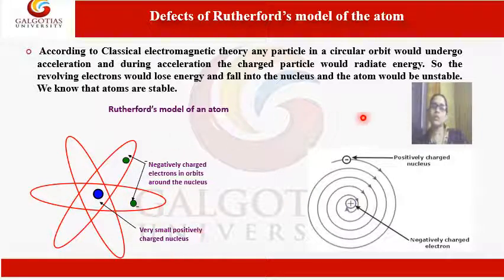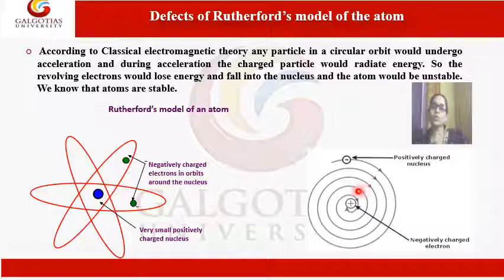When it radiates energy during its revolution, it will lose energy. So if these electrons lose energy, they will fall into the nucleus. If the electrons fall into the nucleus, then the atom will become unstable. But we know that atoms are stable.